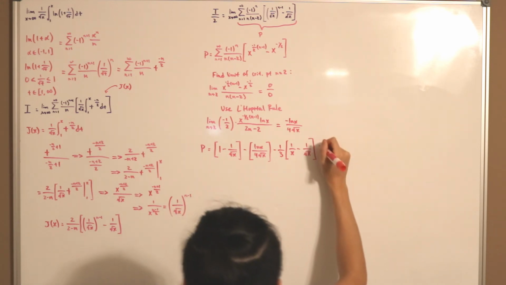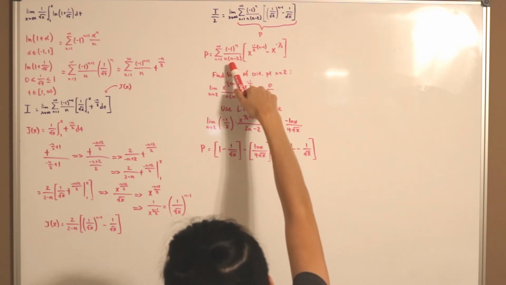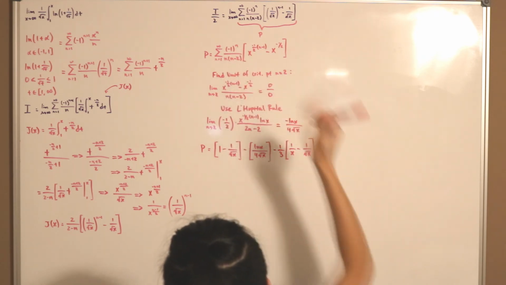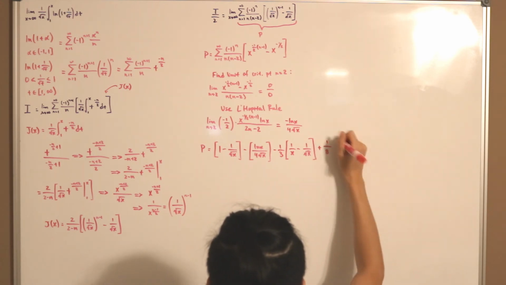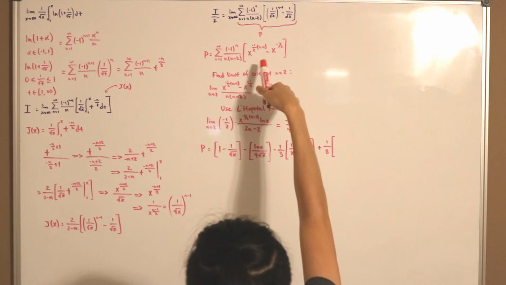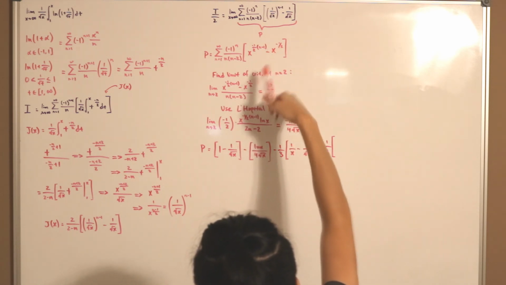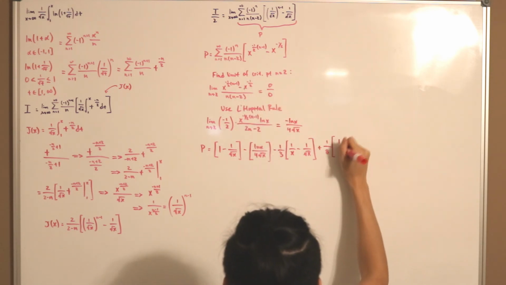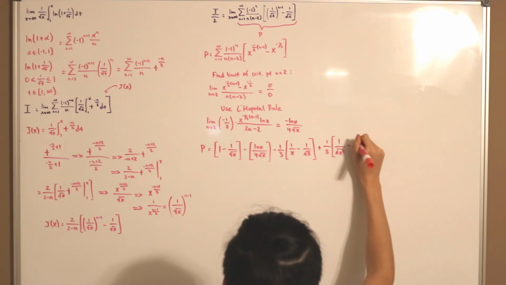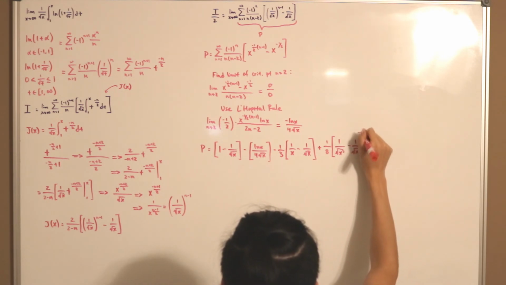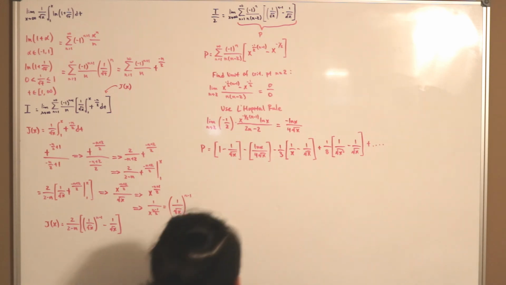Okay, and then when we plug 4, negative 1 raised to the 4 is 1, then 4 times 4 minus 2, that's 8, so plus 1 over 8. And when we plug 4, 4 minus 1 is 3, so negative 3 halves. So this is 1 divided by the square root of x cubed, and then minus 1 over the square root of x. Okay, and then it goes on. All right, so now that's it.